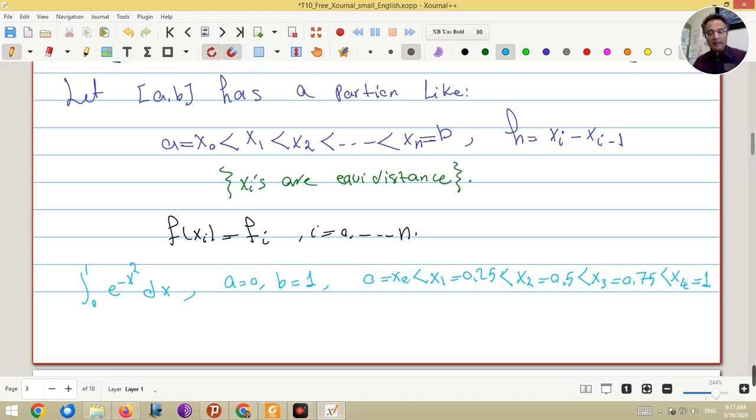So you can see that all of the xi's have equal distances, okay? So this is the idea of this one.